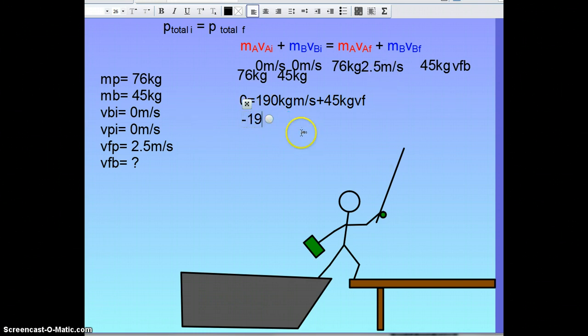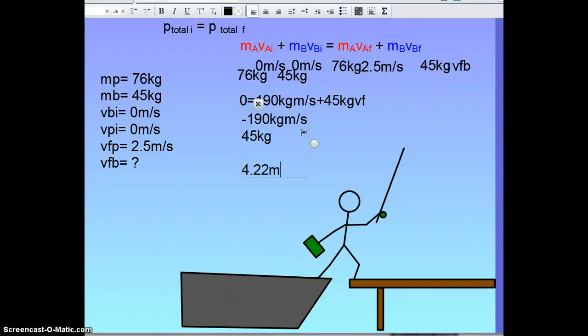So subtract 190 kilogram meters per second over, and then we'd have to divide that by 45 kilograms. And 190 divided by 45. I've got my answer. I got 4.22.